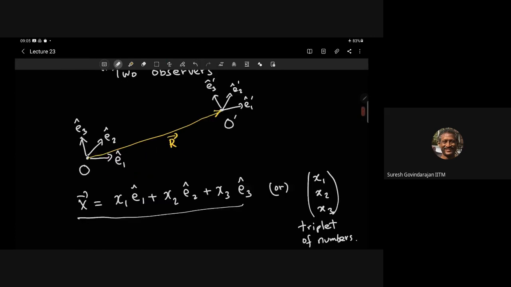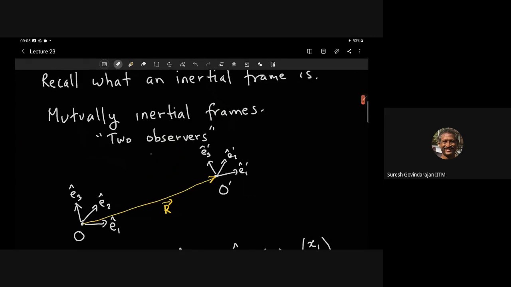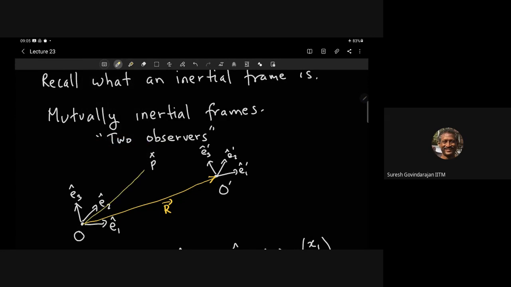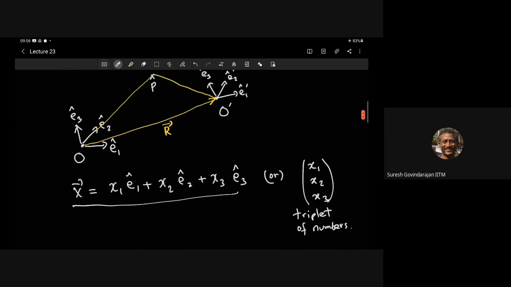Okay, so say there is some point P. Let's say this is a point P. So this person would write, for the same point P, some coordinates.